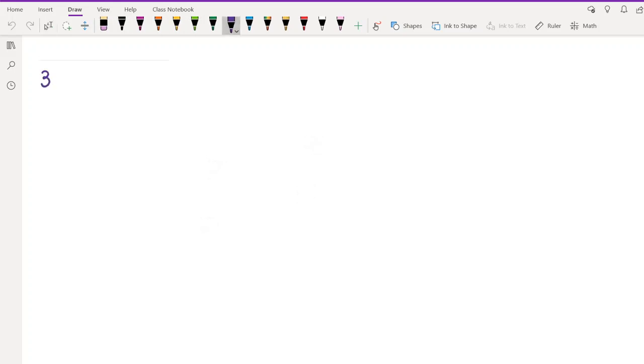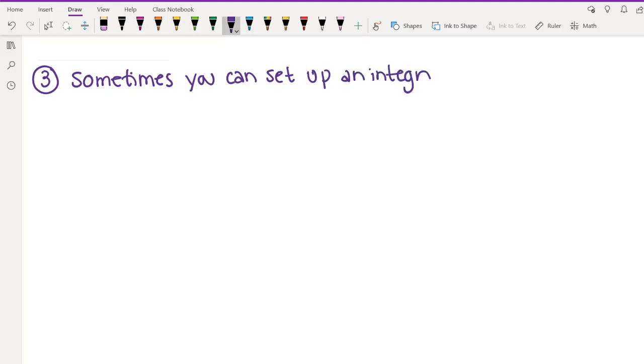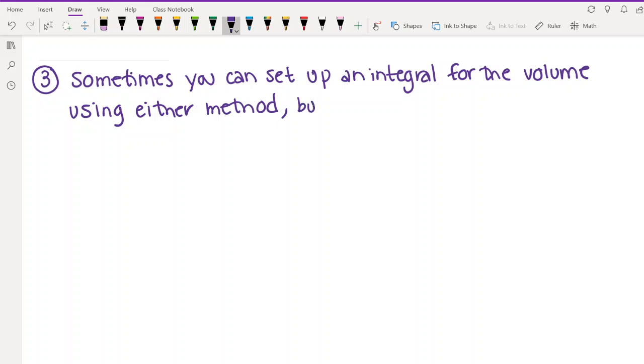So a third kind of consideration is that sometimes you can set up an integral for the volume using either method, but only one integral is easier to evaluate.